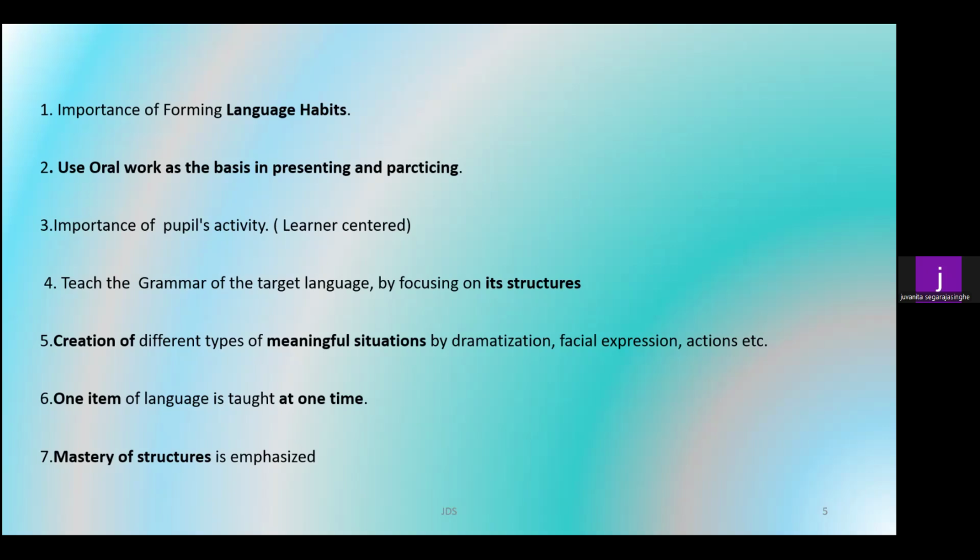No, that is learner-centered. More than that? Number 4: teach grammar of the target language by focusing on its structures, right? By focusing on whatever structures they already know, and then introduce the new ones. 4 is okay.